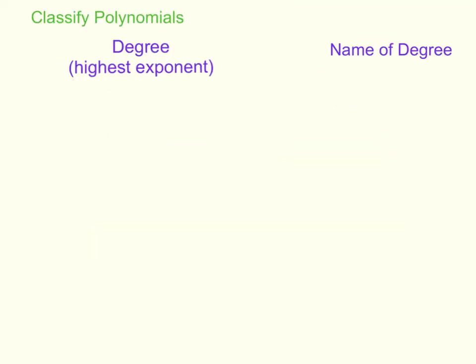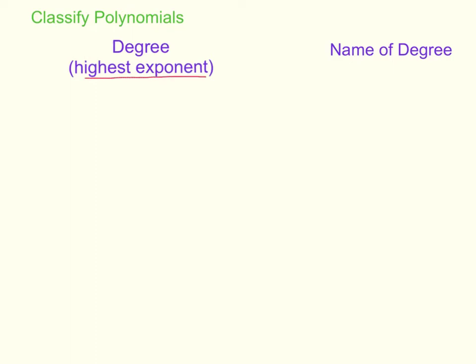Now, each polynomial has a different classification or a name, and we name the polynomials based on its exponents and number of terms. So let's first talk about the exponents, which is also called the degree. The degree is referring to the highest exponent that the polynomial has.